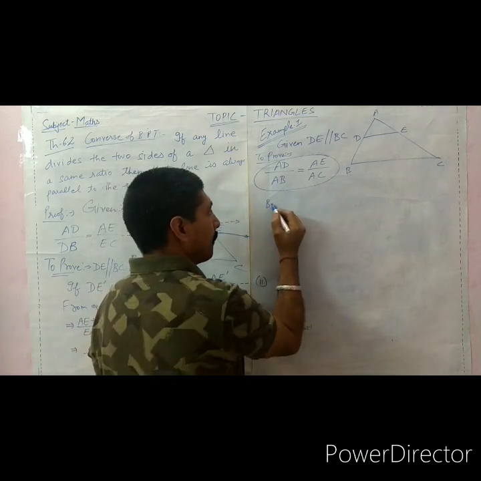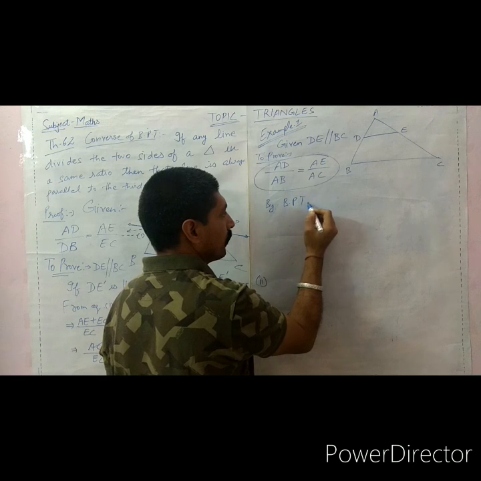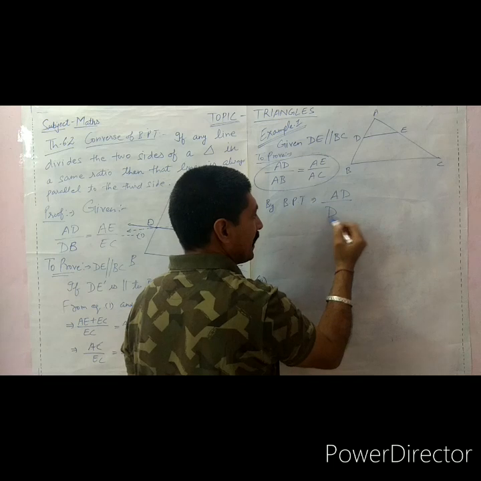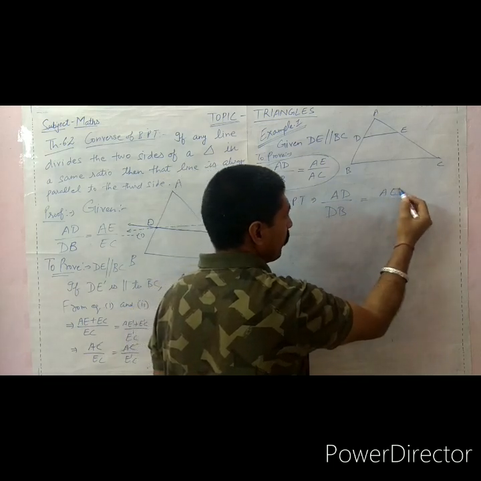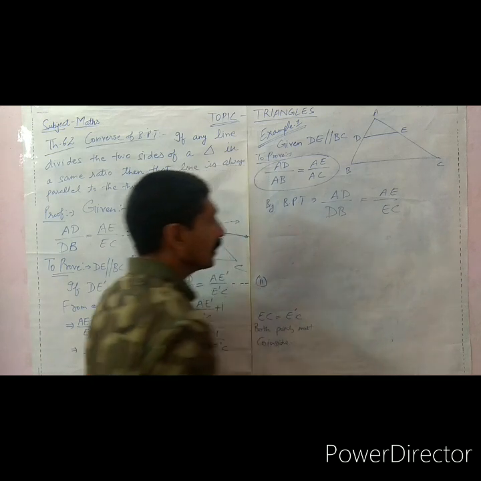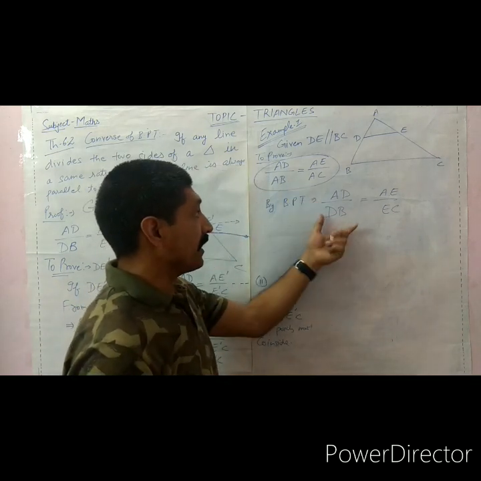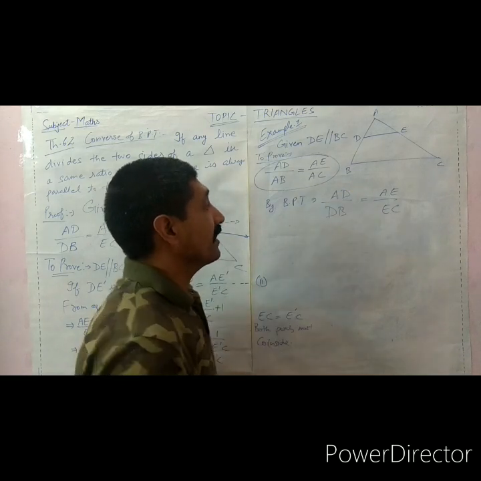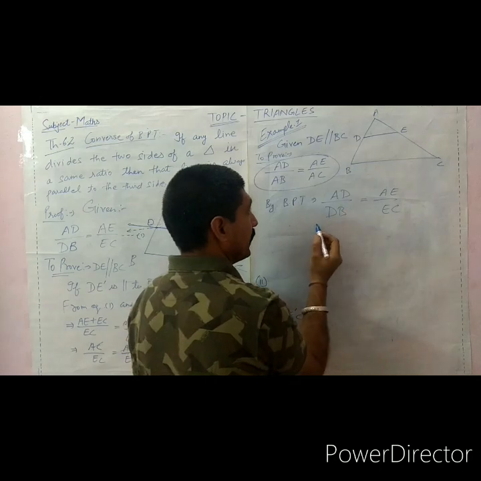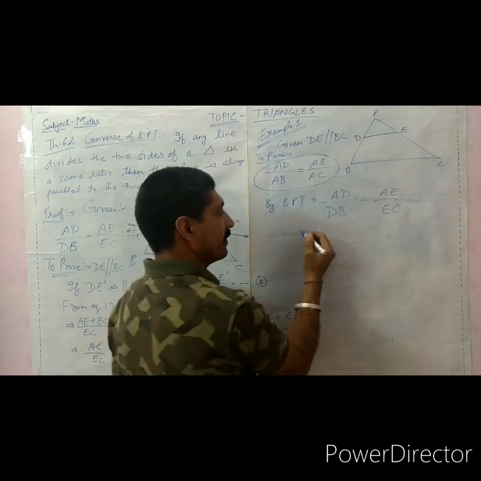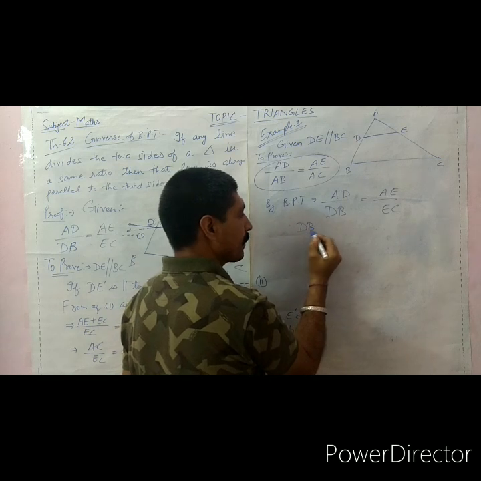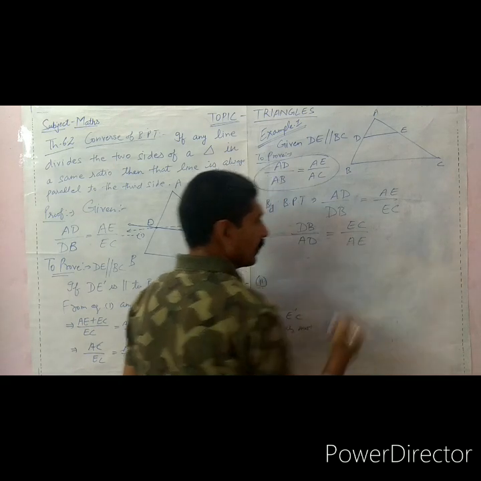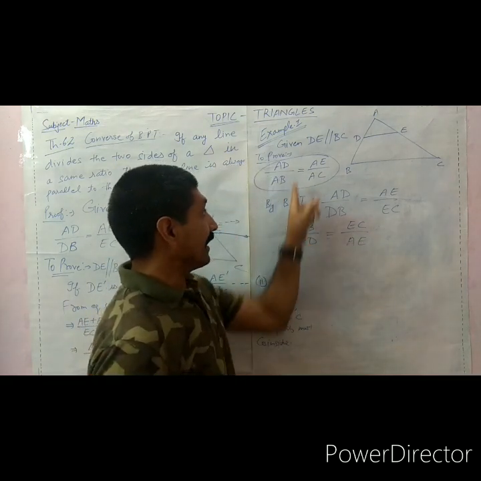So by the basic proportionality theorem, we have AD upon DB is equal to AE upon EC. Now we want AB, so we can take the reciprocal first. By taking the reciprocal, DB upon AD is equal to EC upon AE, because we want to go for AD.